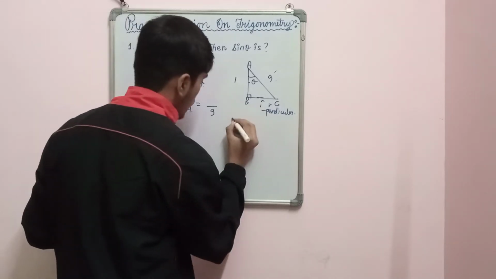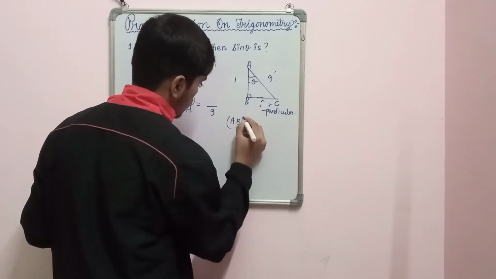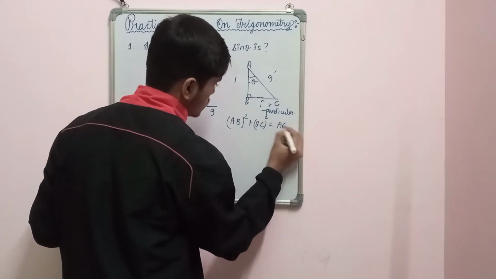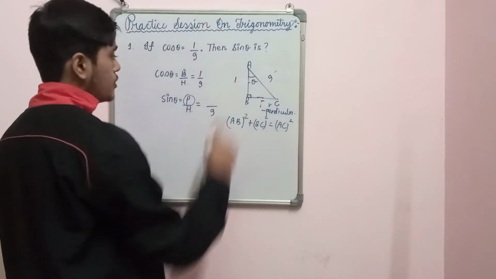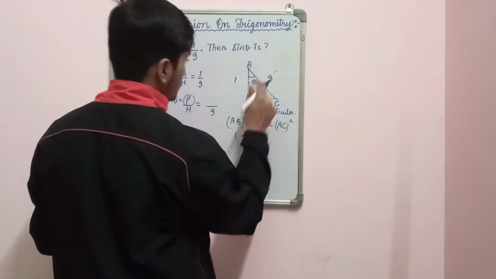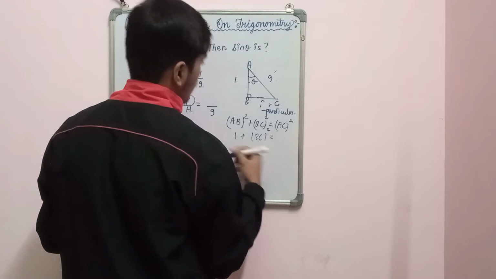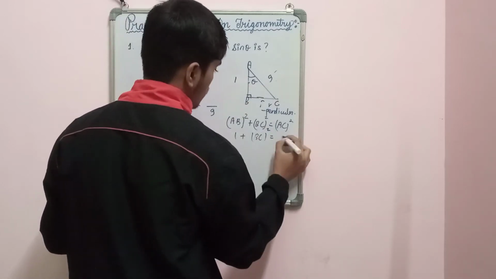So here we will apply AB square plus BC square is equal to AC square. This is the Pythagoras theorem. Now AB square is 1, BC square we have to find, and AC square is 9 nines are 81.